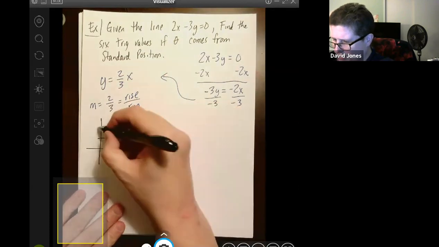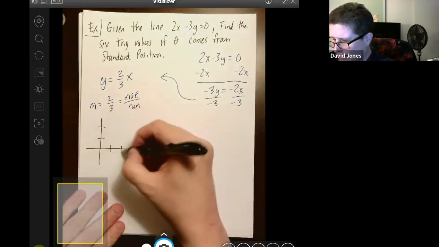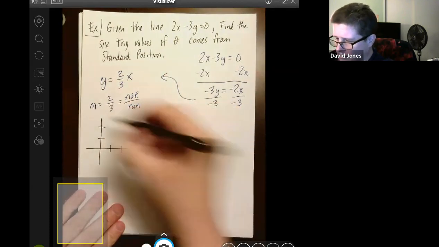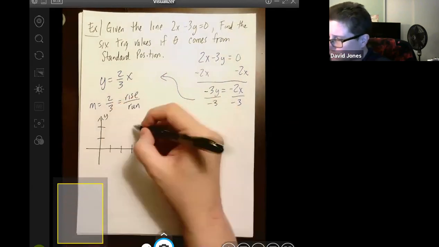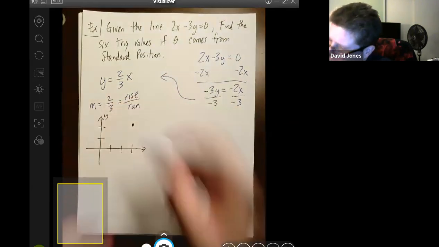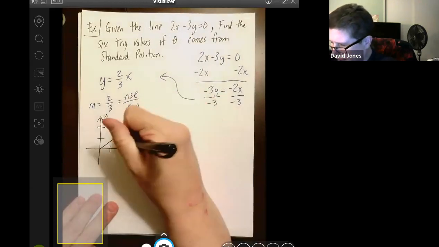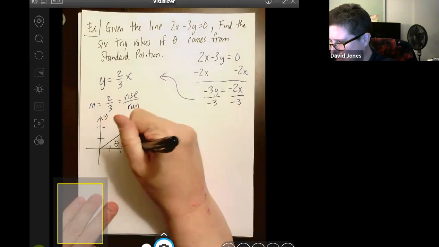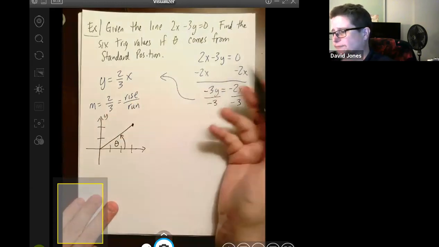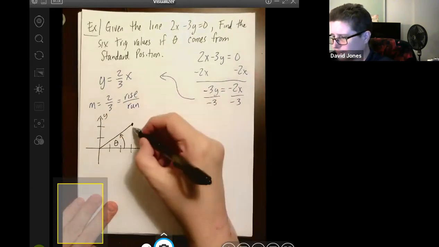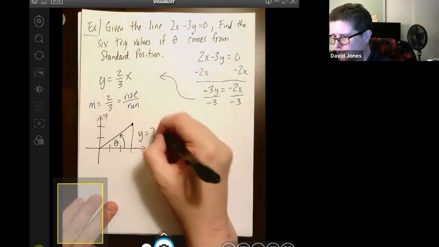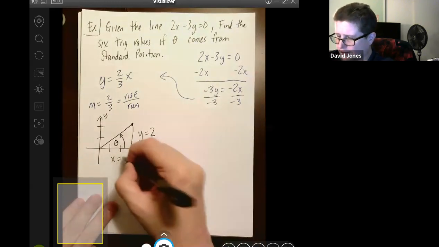It rises 2 and it runs 3. From standard position, that makes that theta. Y here is 2. X here is 3.